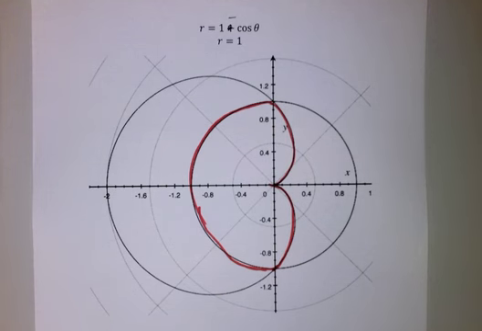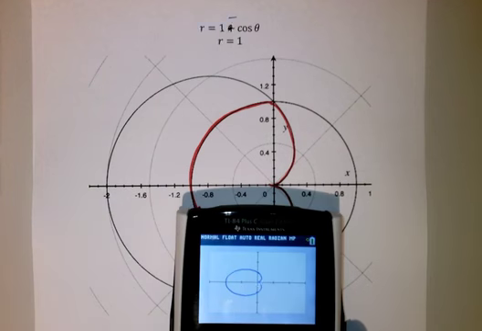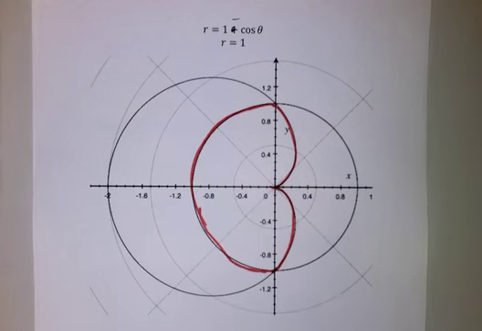Hold on just a second. Remember, that is what it looks like on the calculator, just to remind you that it is 1 minus cosine theta, because I messed up the sign the last time.